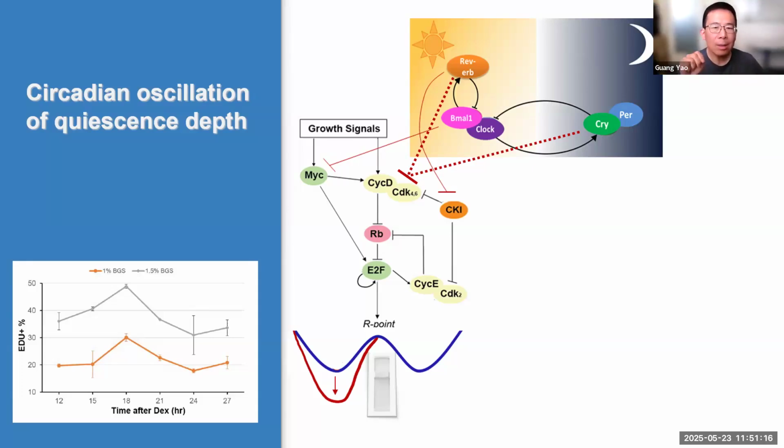Not directly in this particular work, but early on we have done those exercises. We have an SDE, not an ODE, and we do see a very good correlation between the SDE prediction and the percentage of EdU positive. So that is nicely matched.